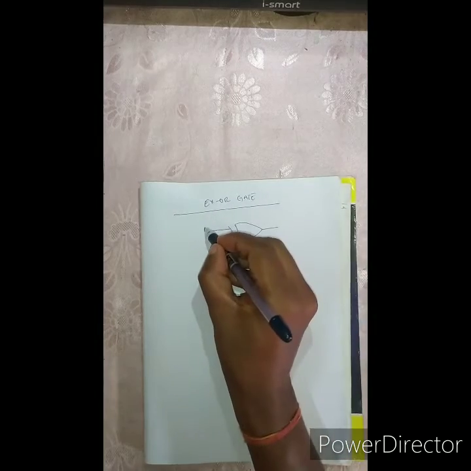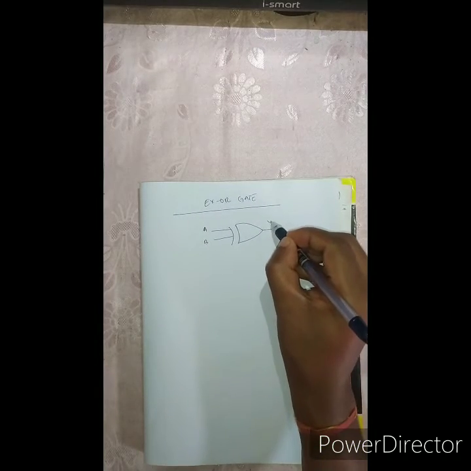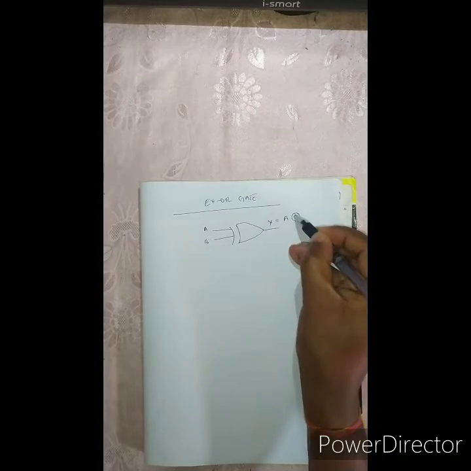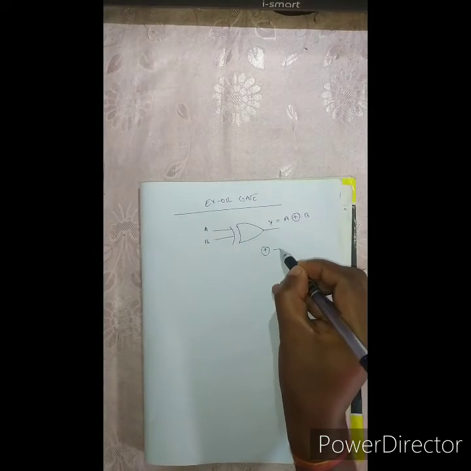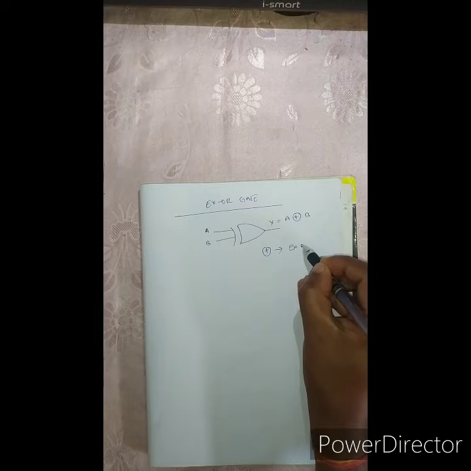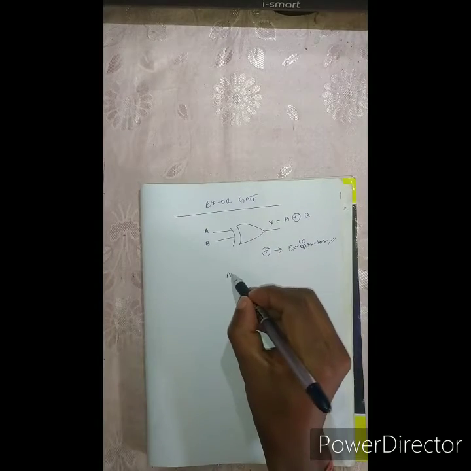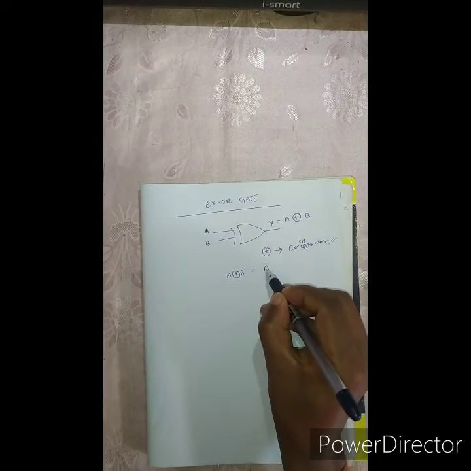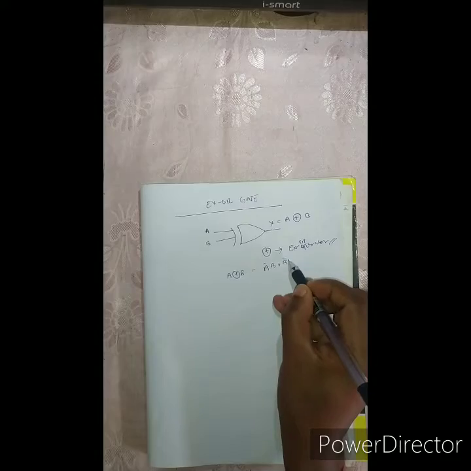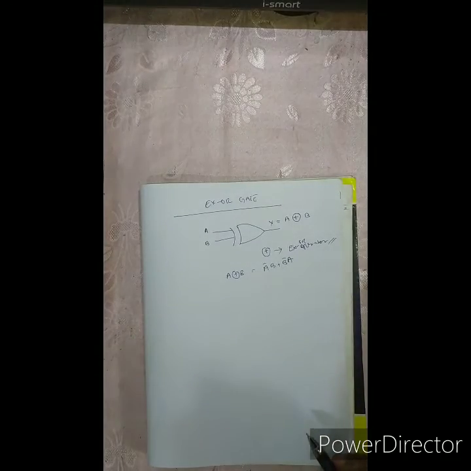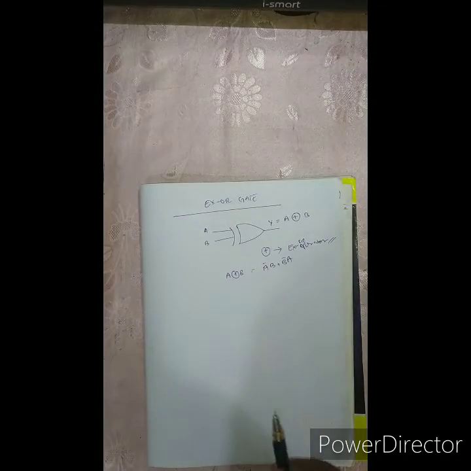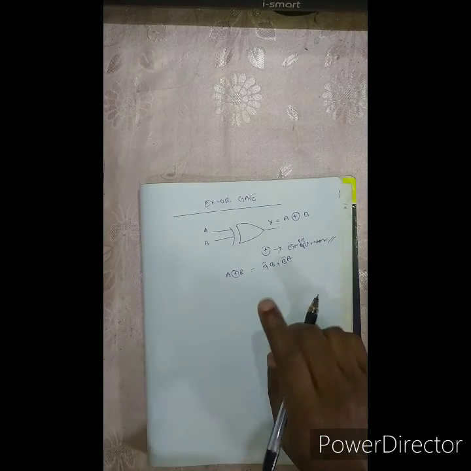Here this is A, this is B, and Y is equal to A XOR B. This sign is called the XOR operator, which means A XOR B is A bar B plus B bar A. And this gate only responds to an odd number of ones.